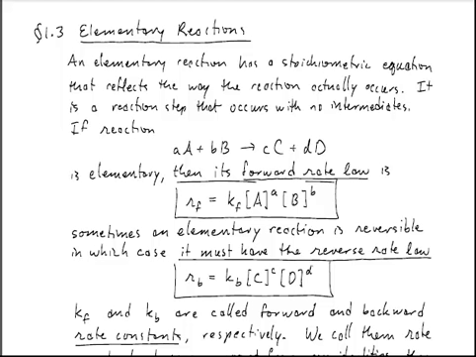That is to say that the events in the reaction correspond to collisions between the reactants on the left to make the products on the right directly, with no stable intermediates in between.